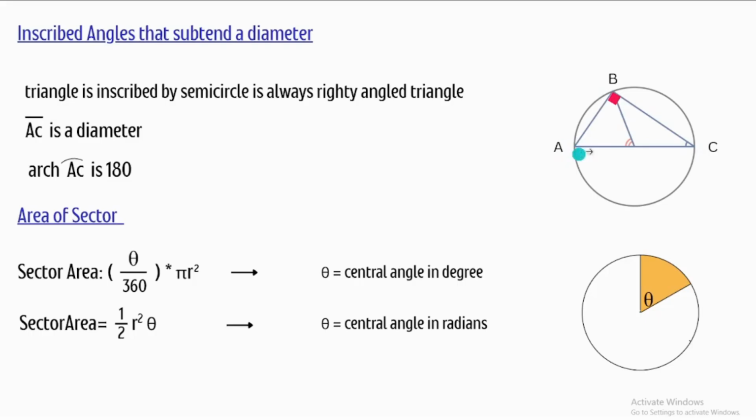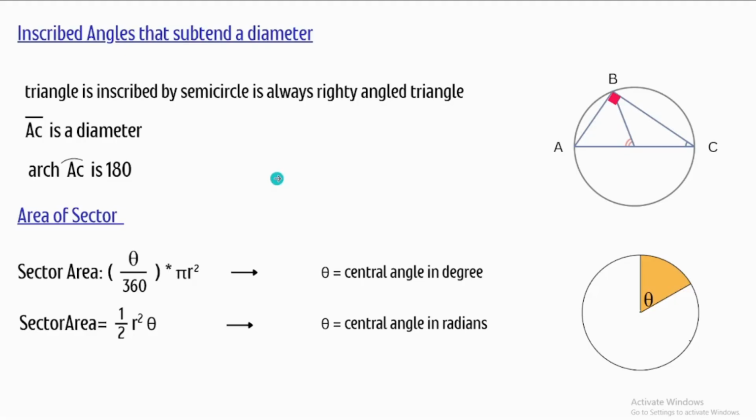If one of the triangle's sides is the diameter of the circle, then the triangle is a right triangle. This angle is 90 degrees. AC is a diameter, so the arc AC is 180.